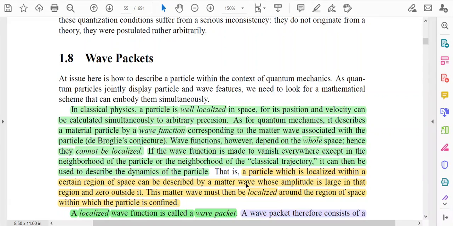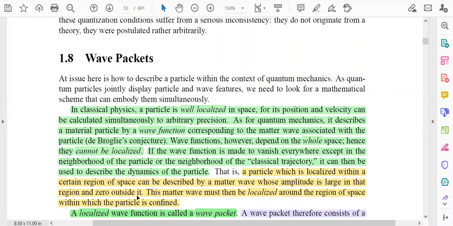That is, a particle which is localized within a certain region of space can be described by a matter wave whose amplitude is large in the region and zero outside it. It means that where there is higher probability of finding the particle, the amplitude will be large, and it will be zero outside of that region.